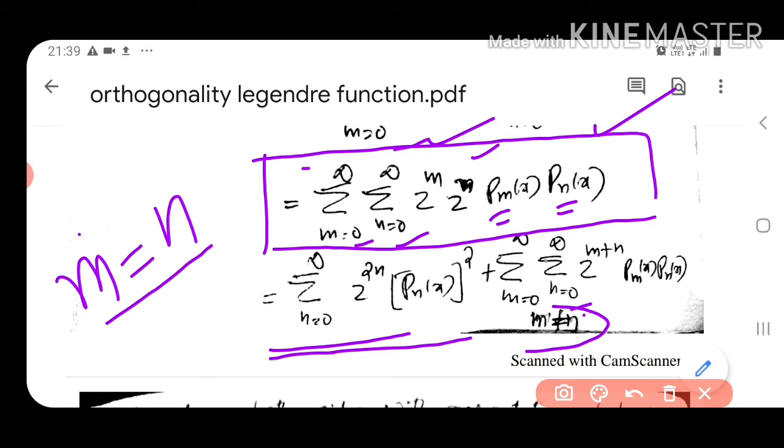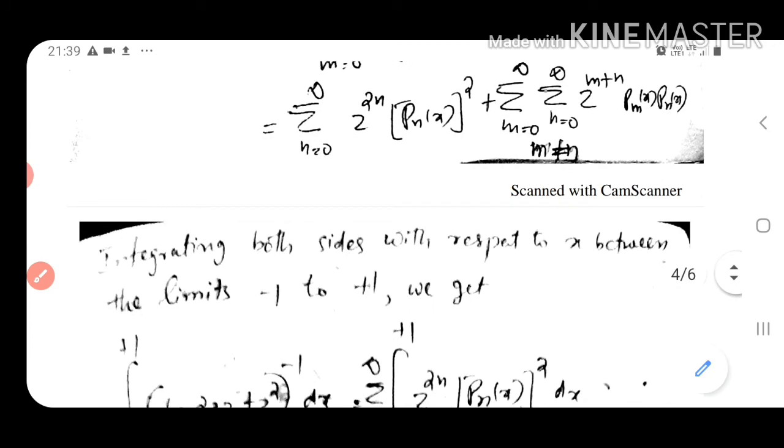So you have Pn(x) square, z raised to 2n, m equal to n, and sigma n equal to 0 to infinity. So we are here taking all terms which have m equal to n. And here we have sigma m equal to 0 to infinity, sigma n equal to 0 to infinity, m not equal to n. That is separately written, z raised to m plus n, Pm of x, Pn of x.